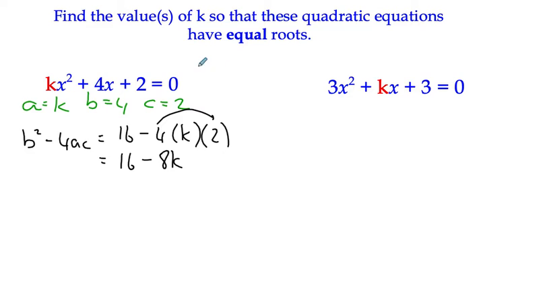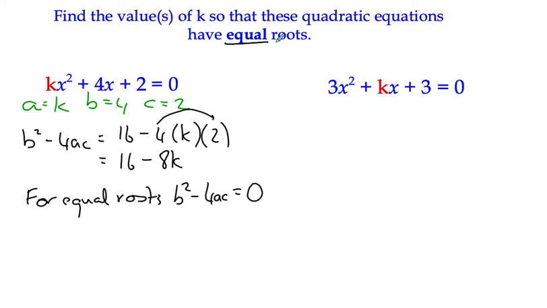However, we do know that this quadratic equation has equal roots. Okay, so we can write down, because we know it's for equal roots, b squared minus 4ac equals 0. And that's a fact. We're told that it's got equal roots, so we can write down that fact.